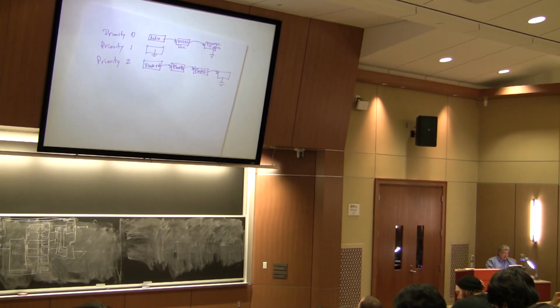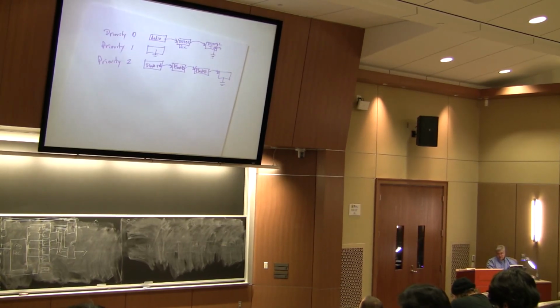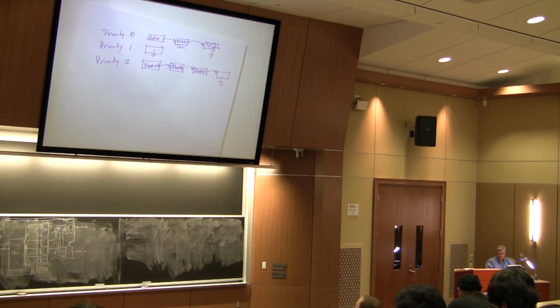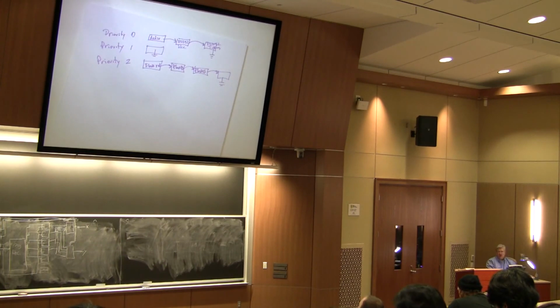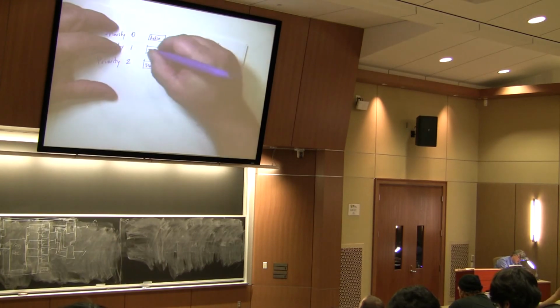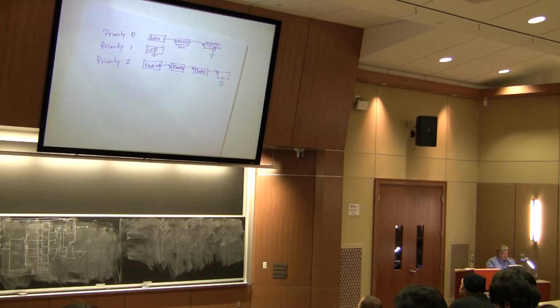So let's say suddenly I have another task, which is a priority 1 task, and I want to add it to my queue of things that need to run. This priority 1 task will communicate via, I'll write to the LCD. So now I'm going to have the LCD task that needs to run.